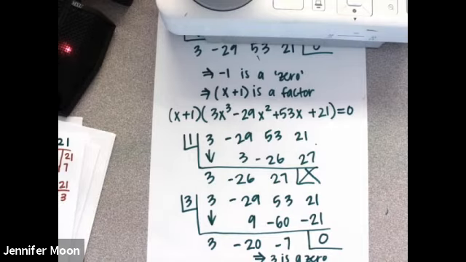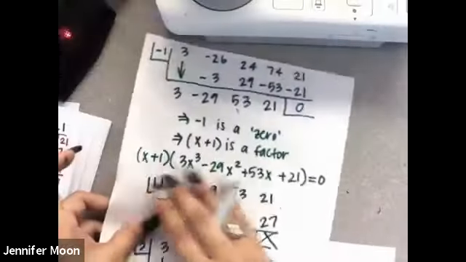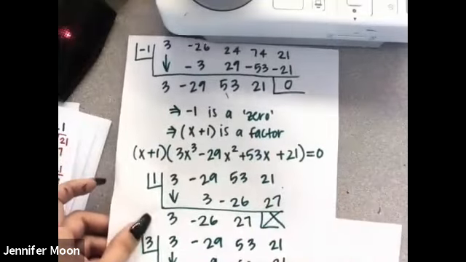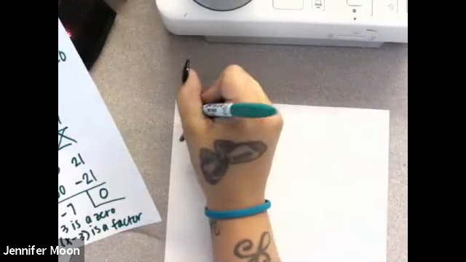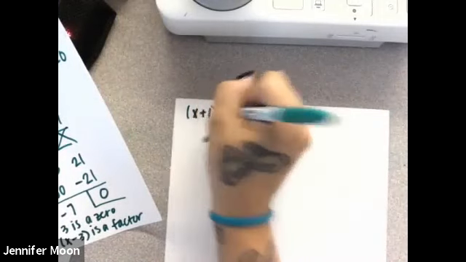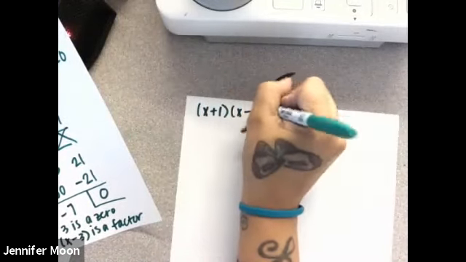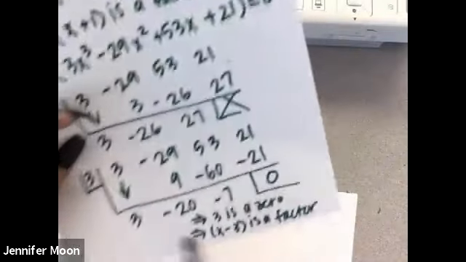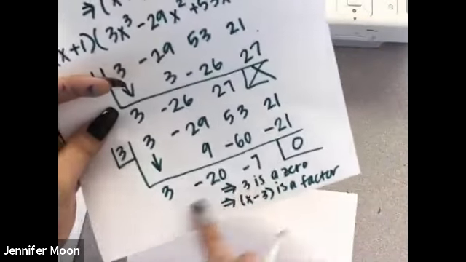Let me rewrite things. This is where I was. I synthetically divided again. I had x plus 1, right? So we write x plus 1. I just found that x minus 3 is a factor. Because it worked out to being a 0 for the remainder, I can write this quotient. You look at where I started.